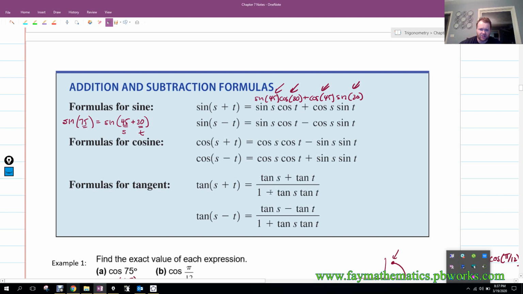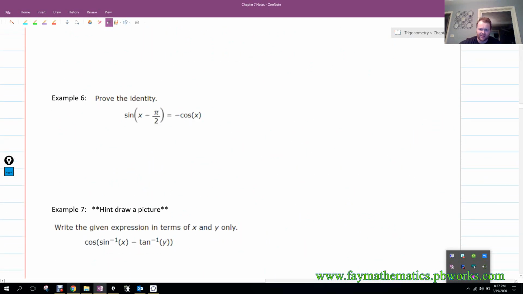The denominator then changes to the opposite. That's a minus on top, and the denominator changes to the opposite. That's a quick way of remembering what the signs are.